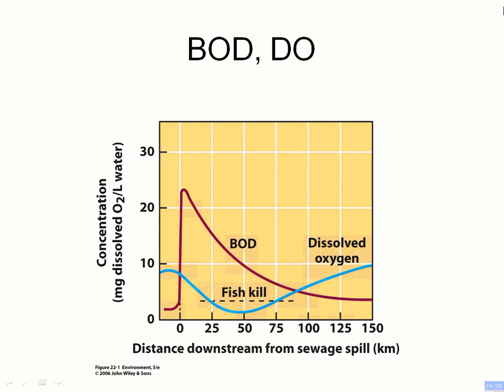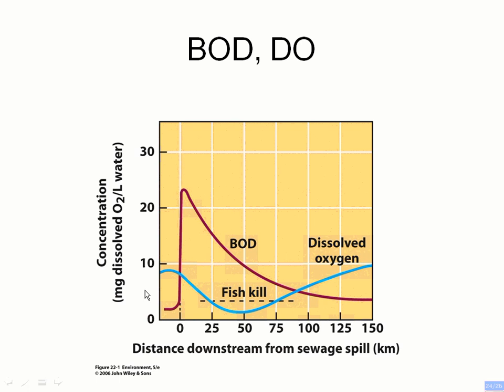The DO, dissolved oxygen. And you can see from this graph, you've seen this before, when the BOD is high, the DO is low. And so this could be, it says, downstream from a sewage spill. So again, this goes along with eutrophication.